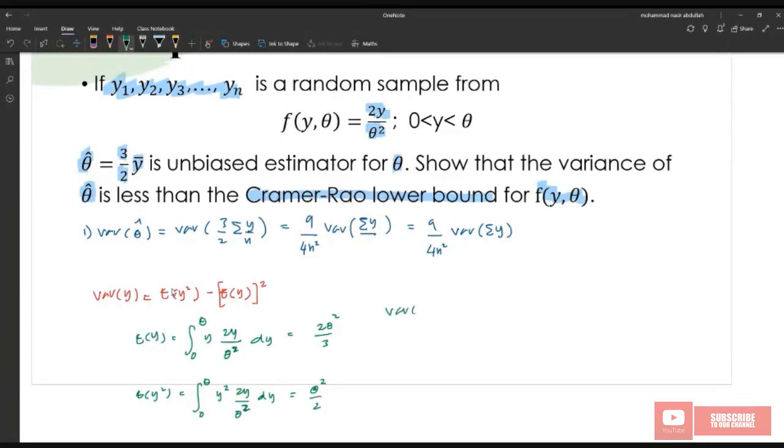And the variance of y should be equal to the expected value of y squared minus the expected value of y squared. So this one should be theta squared over 2 minus 2 theta over 3, squared. So this is equal to theta squared over 18.